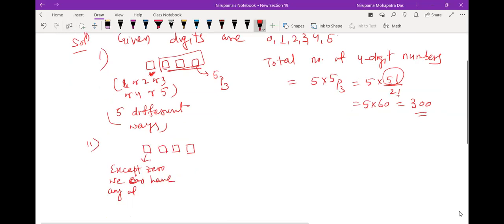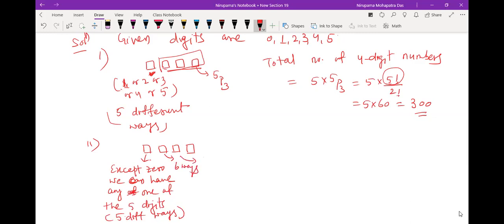So this will be 5 different ways. Now repetition is allowed, so you can have either 0, 1, 2, 3, 4, 5. So this will be 6 ways, this also 6 ways, this also 6 ways, because you can repeat the digits.